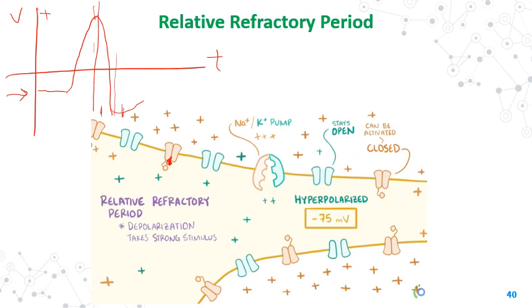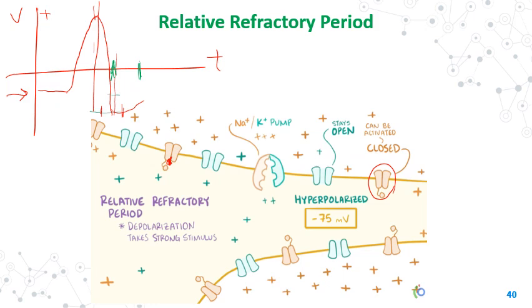Past that time, when you have your sodium channel closed but not inactivated, this is when you reach your relative refractory period. That means if you send a signal strong enough, you are able to send another action potential down this axon. And why do you need a stronger signal?